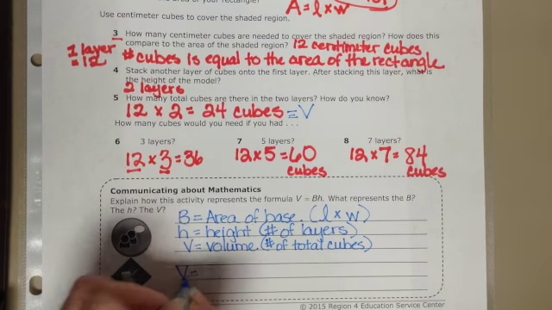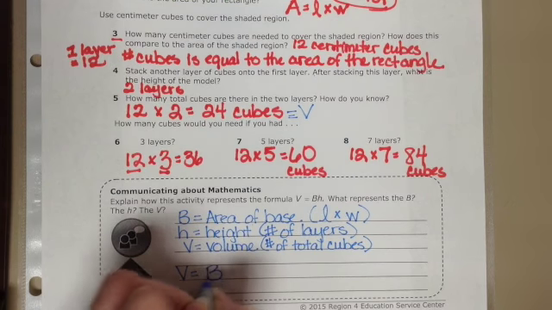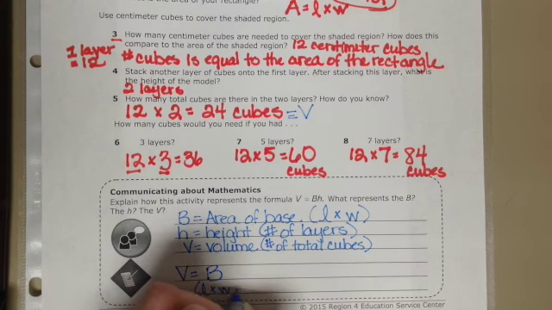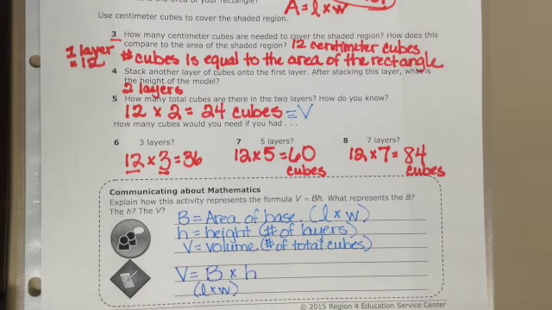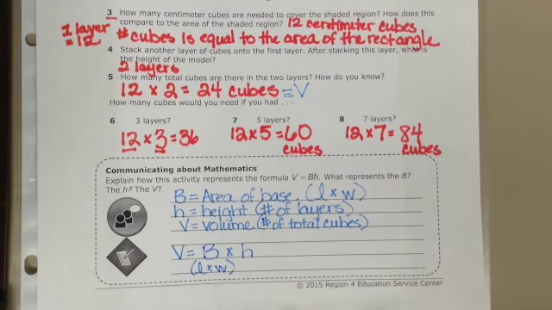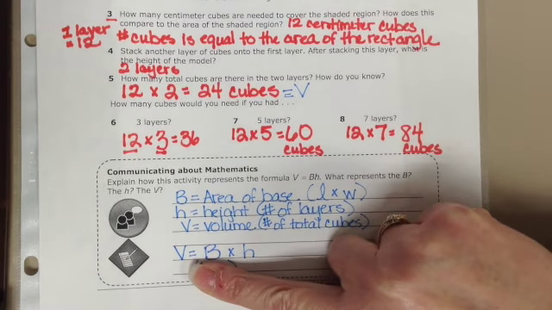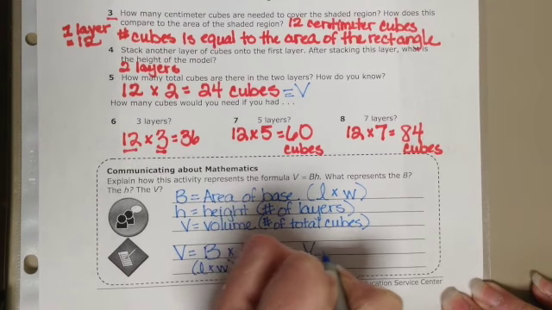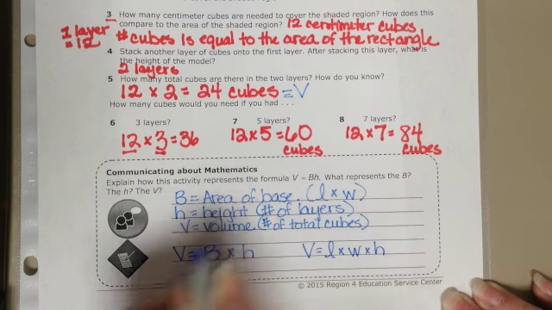So volume is equal to the area of the base, which could also be length times width, times the height. That's how we have 2 different formulas for volume, because one formula is big base, capital B, base times height, which is area of the base times height, and the other formula is length times width times height.